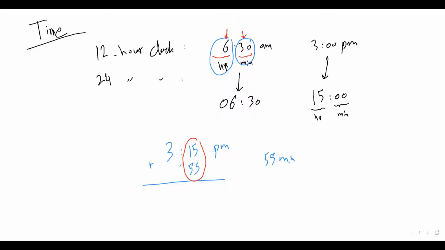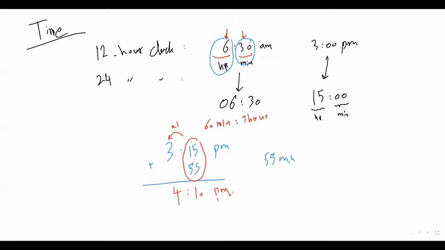If it's more than 60, then you subtract 60 out of it and add 1 unit to the hour. In this case, 15 plus 55 is 70. So 70 minus 60 is 10, but that 60 didn't disappear. We know that 60 minutes is 1 hour. So I'm going to add 1 to 3 and I get 4:10 p.m. Right? As simple as that.